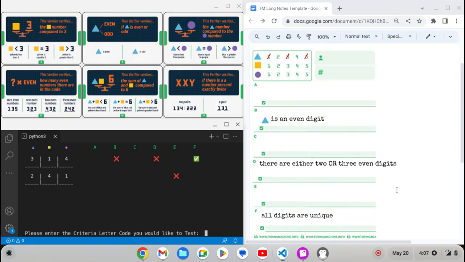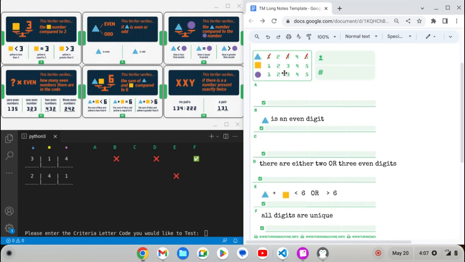So let me write that down in my notes in section E. So triangle plus square is either less than 6 or greater than 6. Okay.